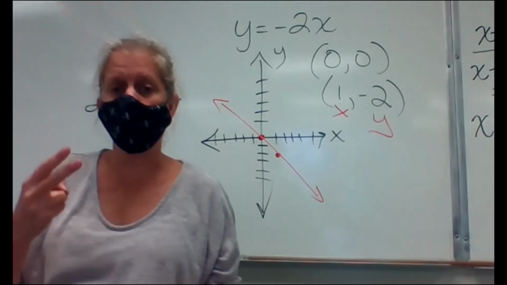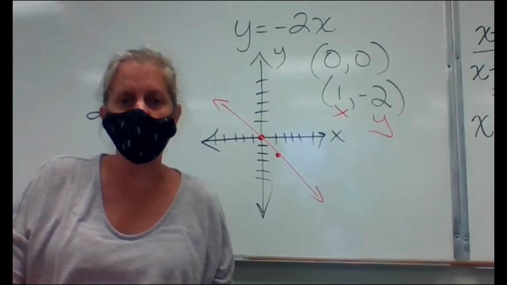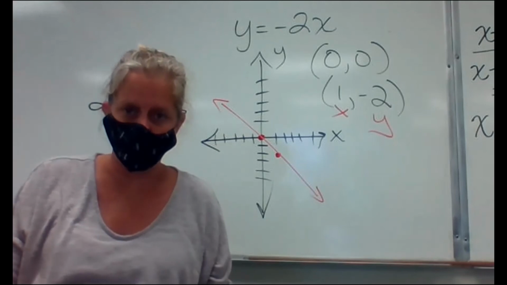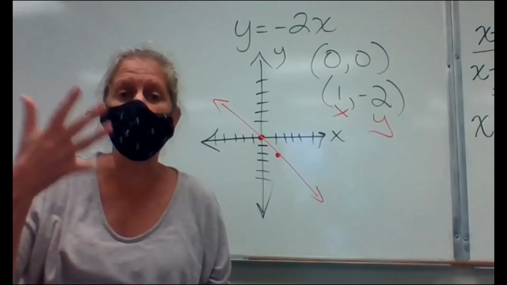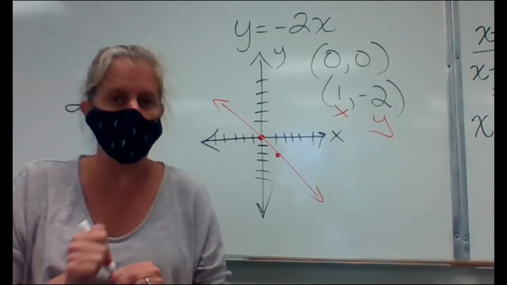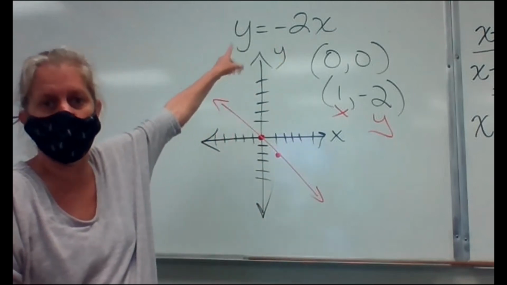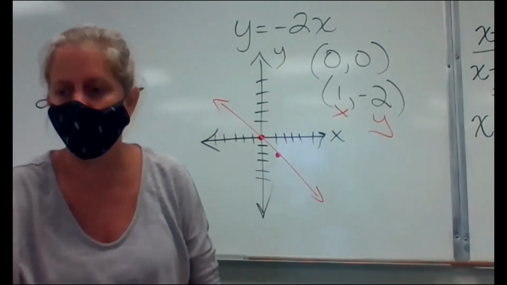Again, this is an excellent candidate for your calculator: you can use any points, and the y is already by itself. You don't even have to get y by itself because it already is.